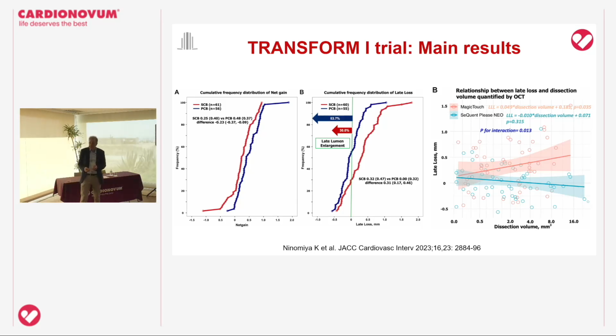That means the dissection favored the use of the paclitaxel-coated balloon, but this was not the case for sirolimus. And you see here also the percentage of patients showing late lumen enlargement with paclitaxel as compared to a smaller percentage of patients with the sirolimus-coated balloon.